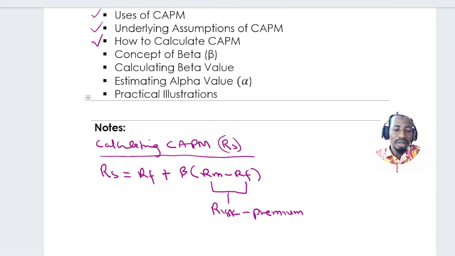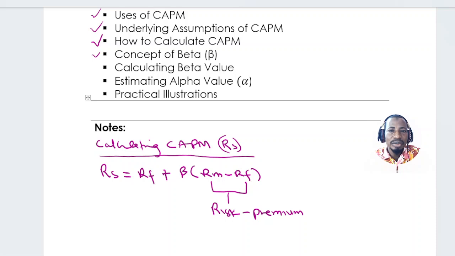Let's talk about the concept of beta value. Like we discussed under portfolio theory, beta is a measurement of risk. We use beta to measure risk, and the higher the beta, the higher the risk of the portfolio.